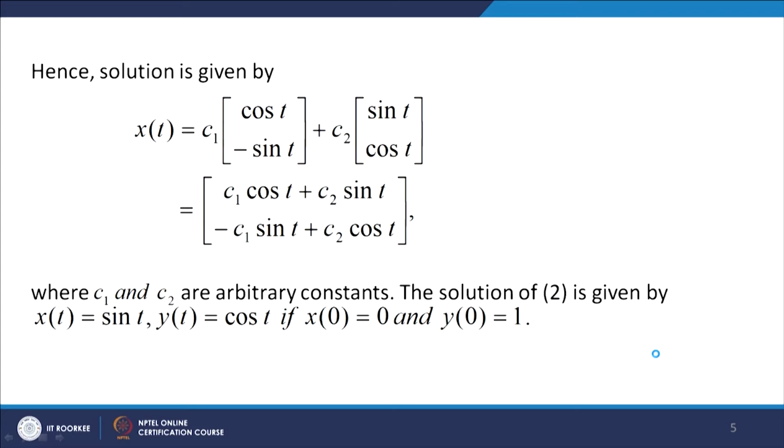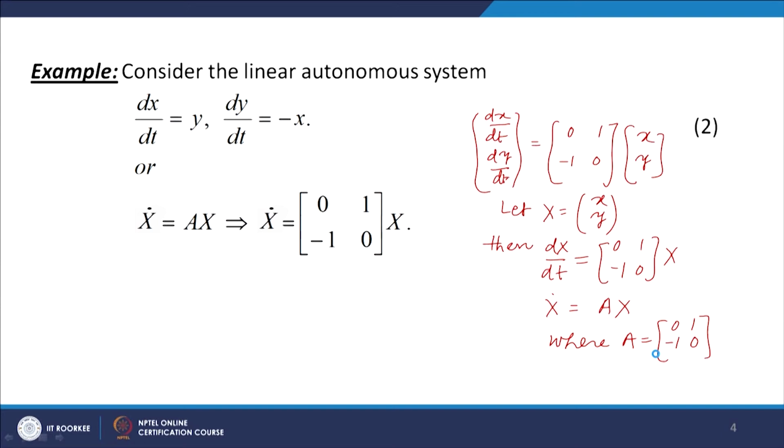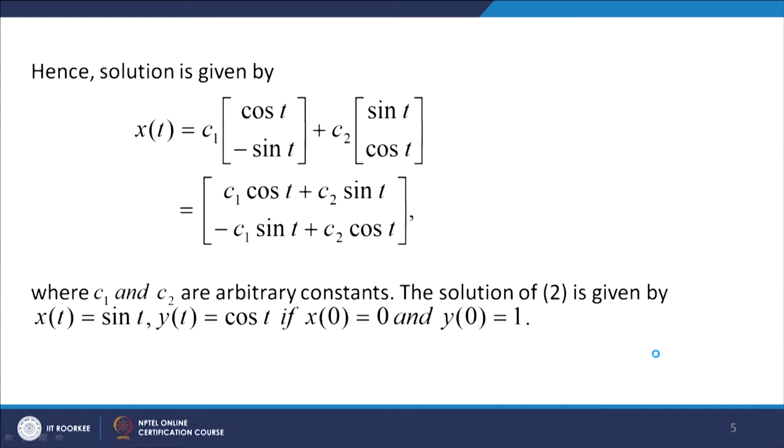The solution is x(t) = C1 (cos t, -sin t) + C2 (sin t, cos t), or we can write it as C1 cos t + C2 sin t and -C1 sin t + C2 cos t. Here C1 and C2 are arbitrary constants.